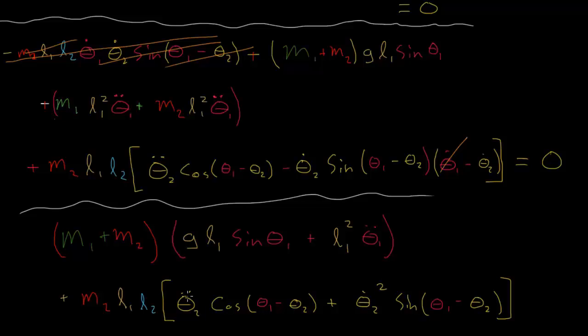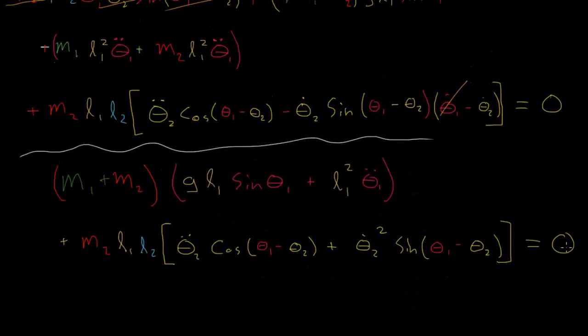These both have units of 1 over time squared, and all of these terms have units of energy. This term all combined together is mass times length squared divided by time squared. Mass times 2 lengths, length squared, divided by time squared. So these are all energy, all the same units. That's at least one thing to check to make sure everything works out.